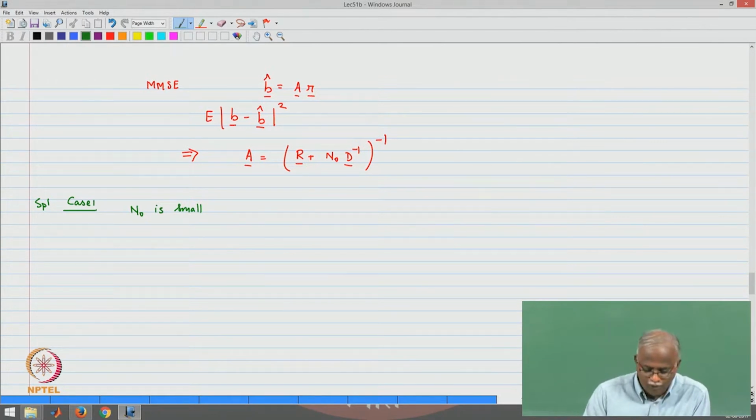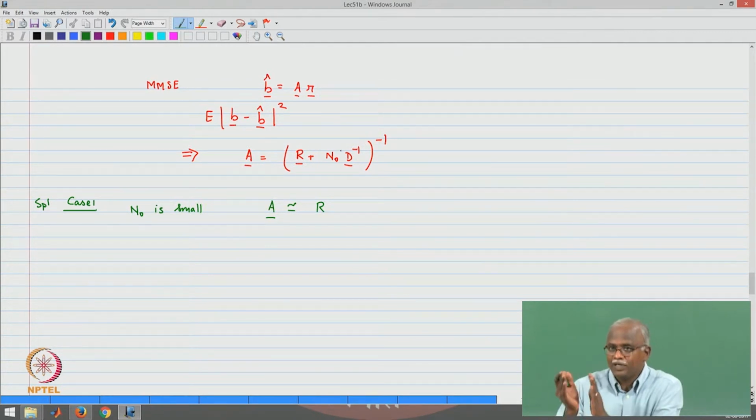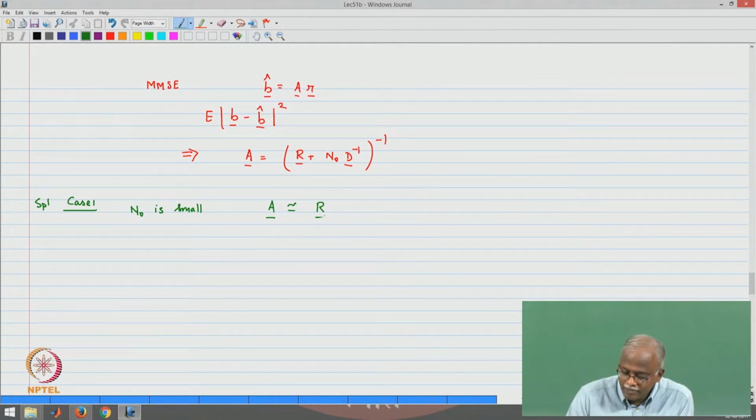So N naught is small. So if N naught is small compared to the other term in the expression, then the expression here can be approximated as R plus N naught D, because N naught is small, we ignore N naught D, inverse. So this becomes R inverse.